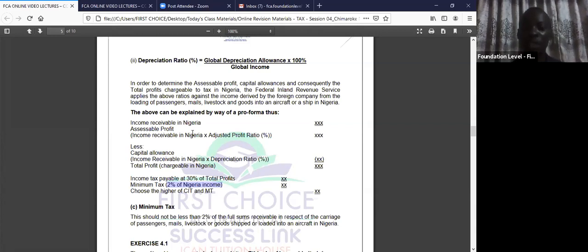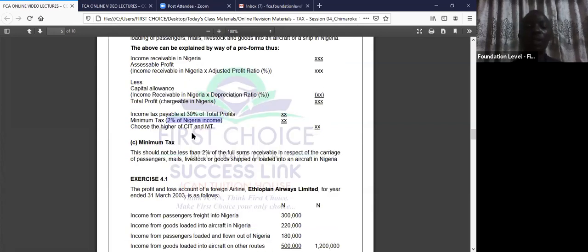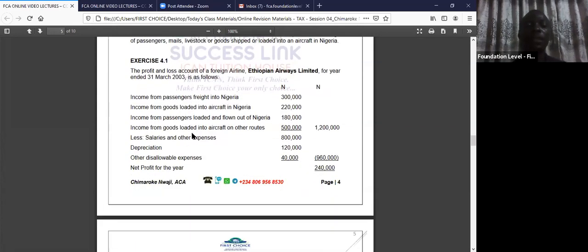Let's look at a question now to see how we can understand this. Exercise 4.1. The profit and loss account of a foreign airline, Ethiopian Airways Limited, for year ended March 31, 2003 is as follows. Now, look at how you know it's a specialized business. One, you will see it is airline.